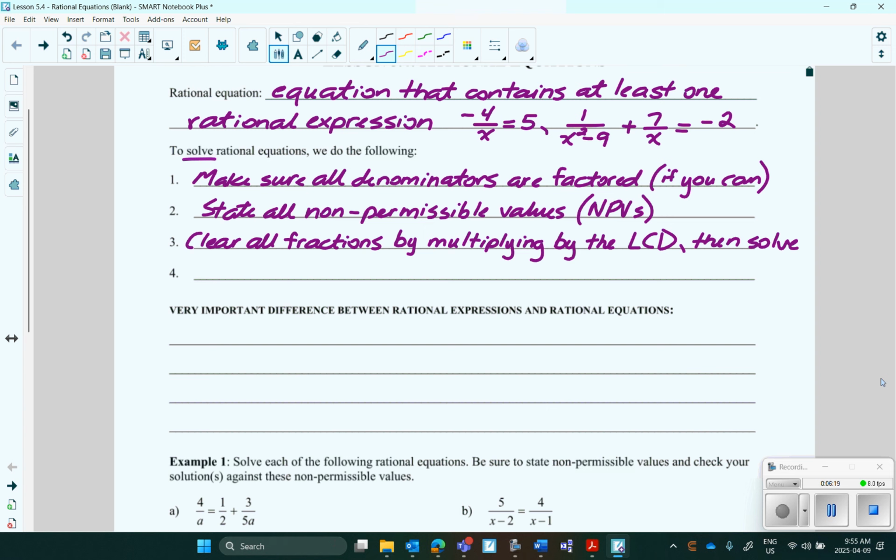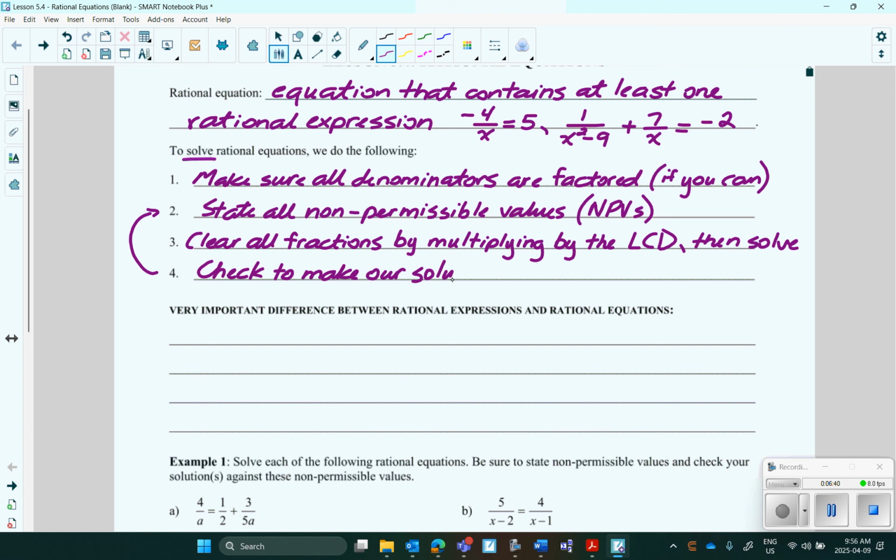Okay. And then finally, we get our solutions, but we've got to check to make sure our solution, or there could be more than one.